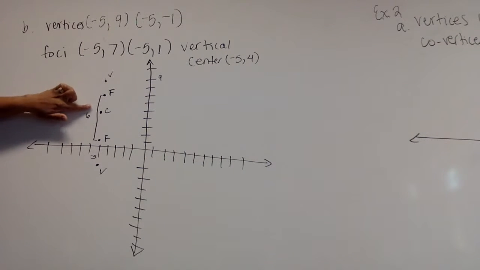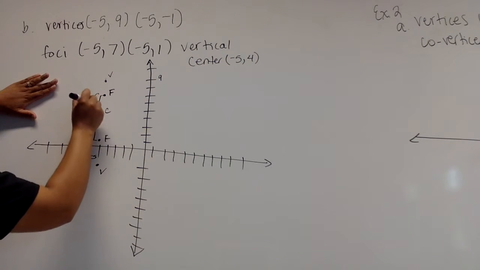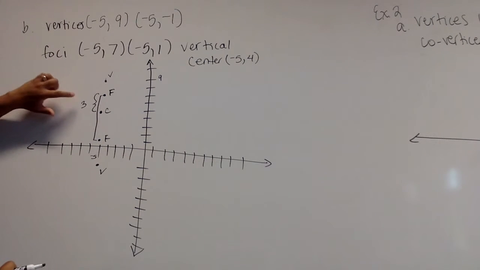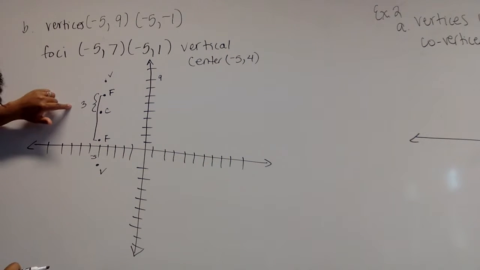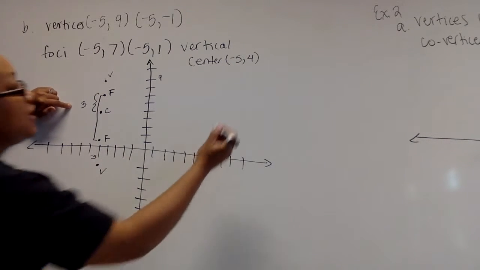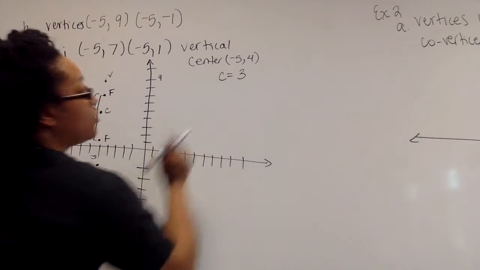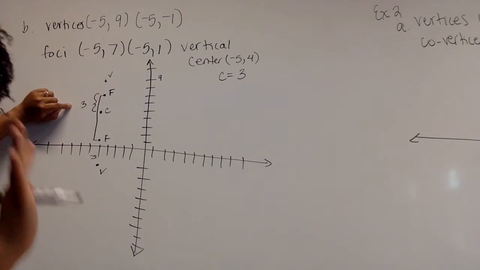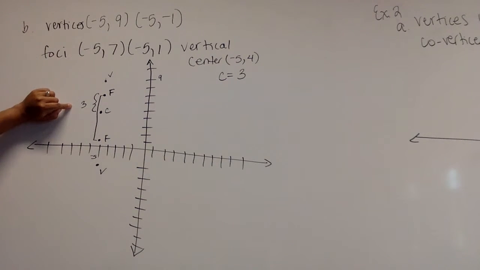Now, what is the distance from the focus point to the center? Hopefully you will say 3. And what do we notate the distance from the focus to the center? What letter is it, A, B, or C? Hopefully you're saying C. So my C is 3. I know that C is not part of the equation, but we'll use the C. Don't worry.